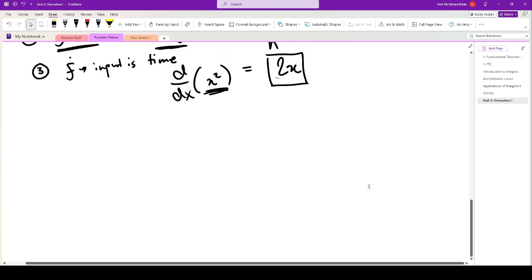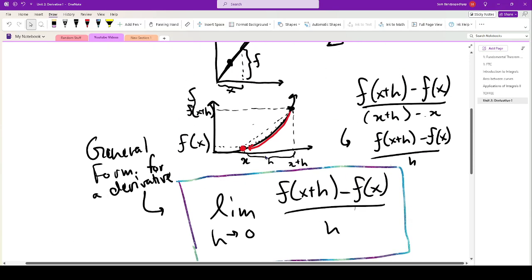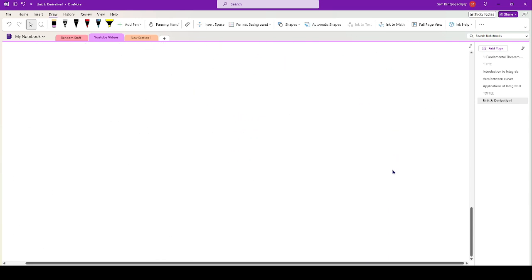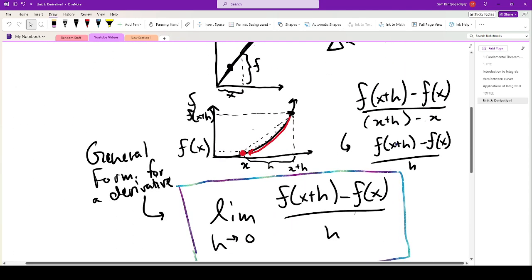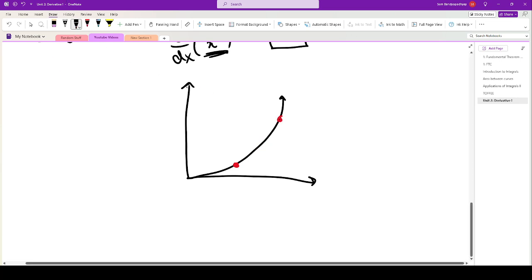And now let's talk about different interpretations of the derivative. As we spoke about, it's the rate of change or the slope of this function at a singular point. And if you think about it, what we're doing here, let me make a new axis. When we take the slope at this singular point and apply the limiting process, all we're doing is taking a slope between these two points as this gets closer.